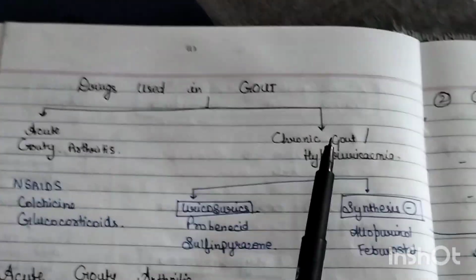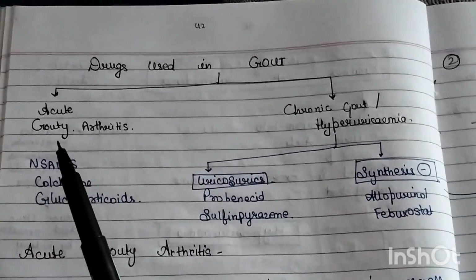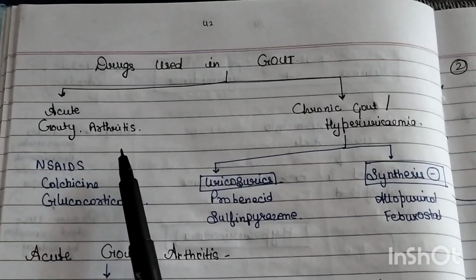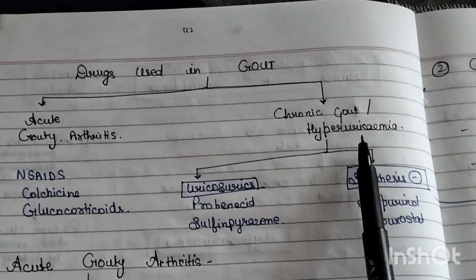Now we will study the various drugs which are used in gout disease. Gout is of two types: acute gouty arthritis and chronic gouty arthritis or hyperuricemia.